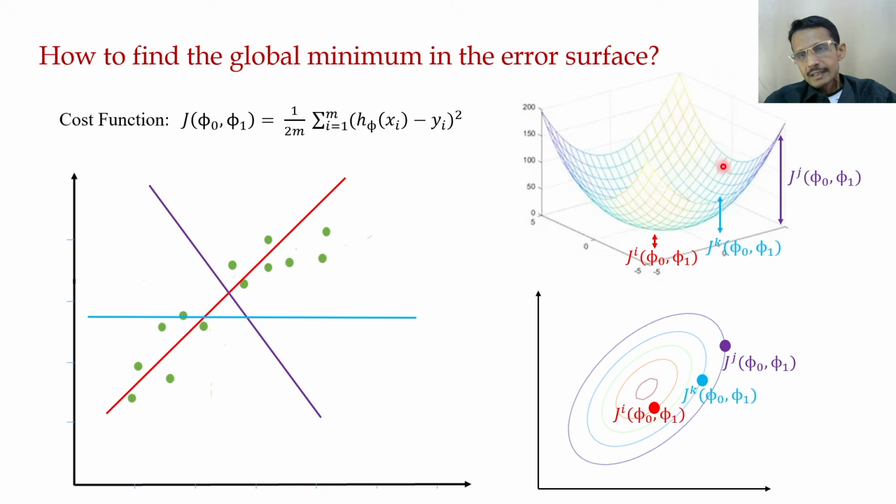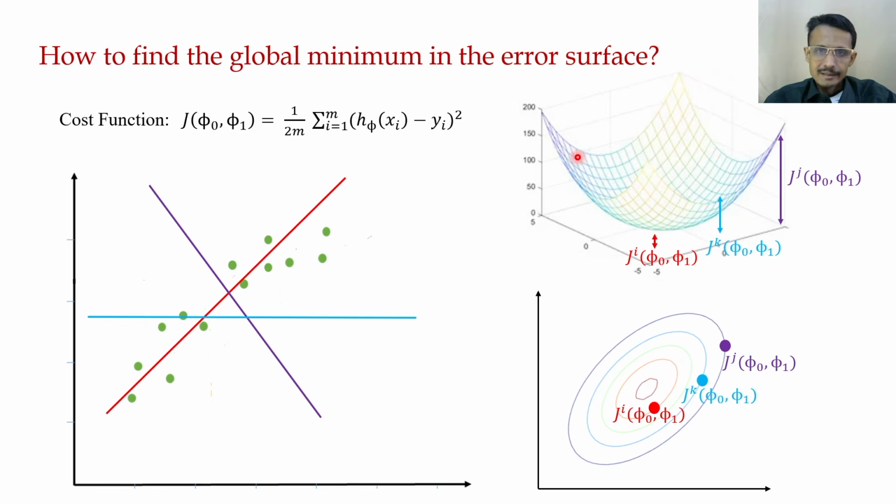Since it is a convex surface, the local and global minima are the same. We start from any point, which corresponds to a line, and we keep updating phi 0 and phi 1 so that we slowly come down to the global minimum. This is the corresponding contour plot, a cross section of the surface, and similarly we can reach the global minimum.